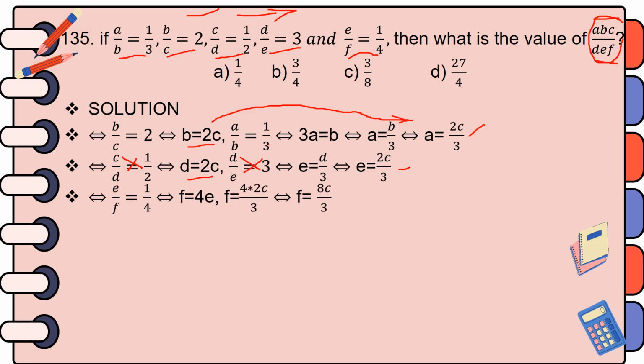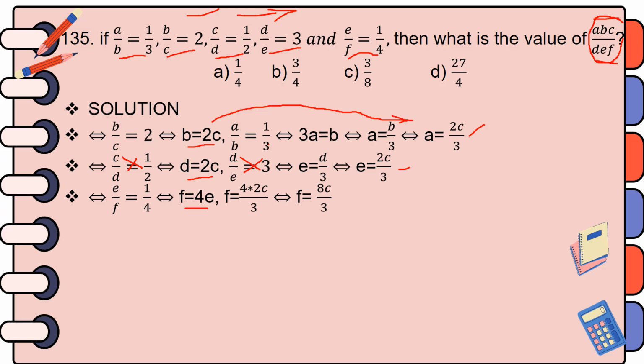What remains is F. E over F is given as 1 over 4. Crisscrossing it, you get 4E is equal to F, or F is equal to 4E. And in terms of E, again, you can substitute, since from the previous one, we get E is equal to 2C over 3.